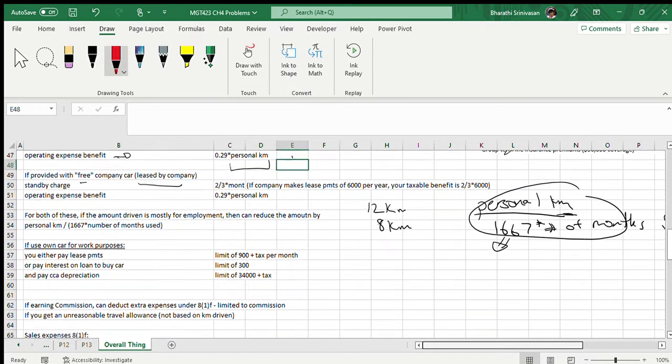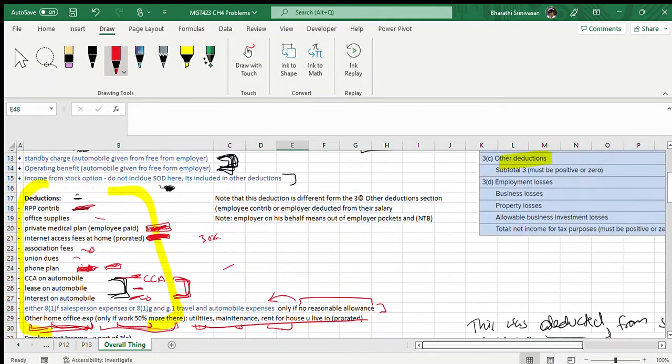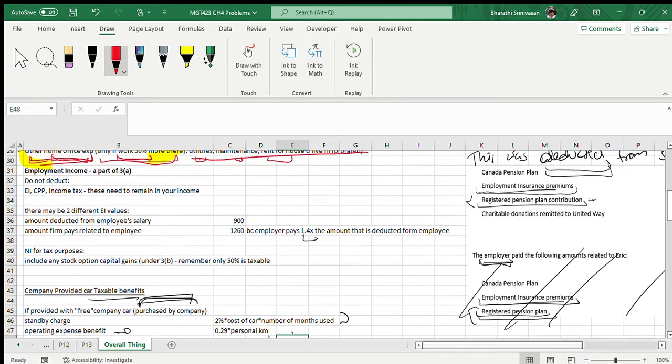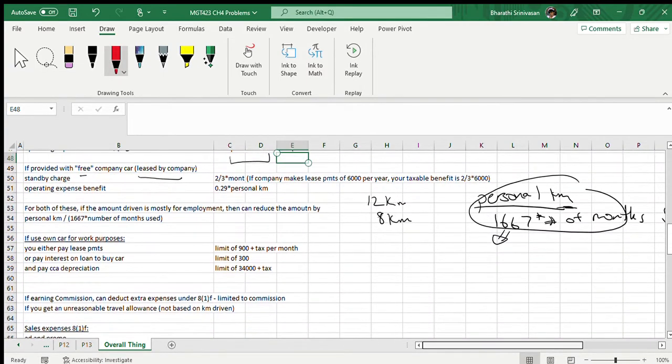All right, okay. Also, another thing I forgot about this one is if you own your own car, either CCA plus interest, or you're leasing a car, there are also limits on the number of deductions you can take. If you pay lease payments, then the maximum lease payment you can deduct is $900 plus tax.